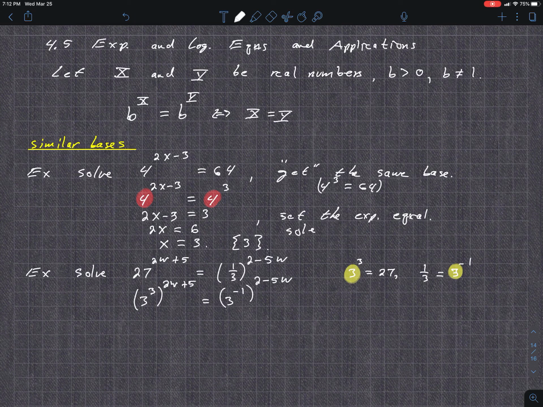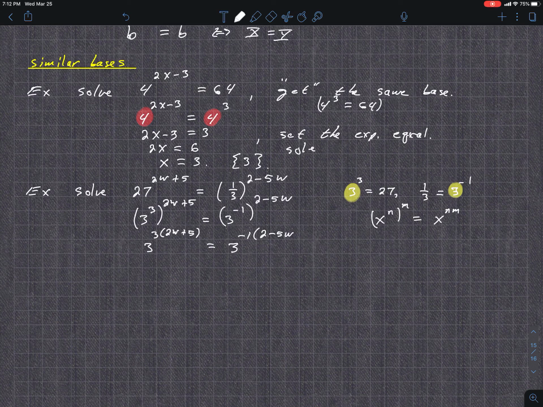From there, you would use the power to a power property: if you have x to the n raised to the m, that's x to the n times m. So it's 3 raised to the 3 times 2w plus 5 equal to 3 raised to the negative 1 times 2 minus 5w.